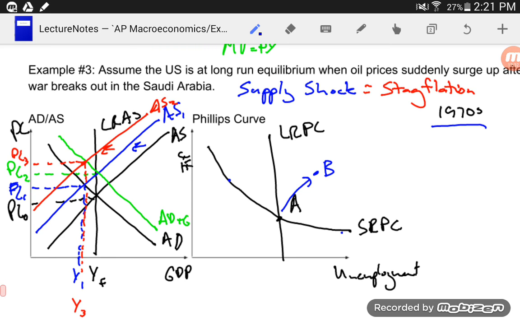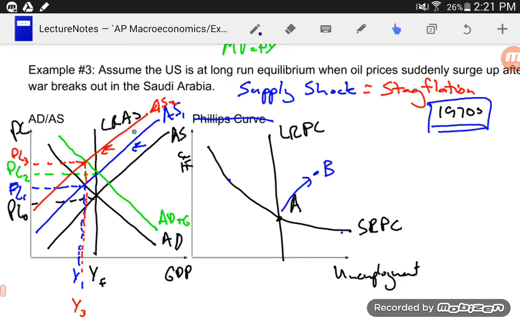And so some time ago when we first started the Phillips curve, I mentioned that it's not as strong a relationship as maybe we'd like to think it is. The 1970s kind of blew that model apart a little bit when we had this problem of stagflation from that supply shock. Alright, that was mostly for your own edification, but you might need to know what a supply shock looks like graphically.